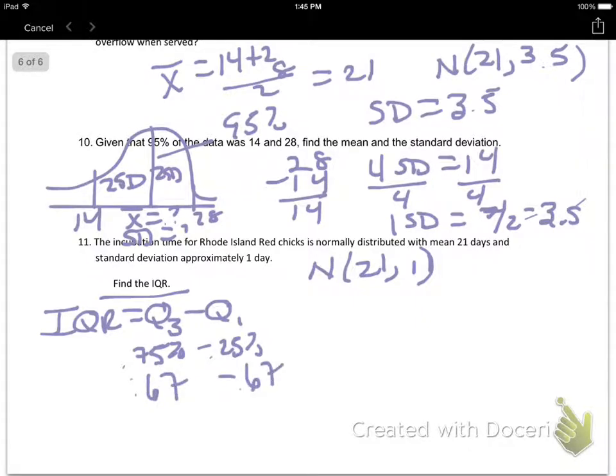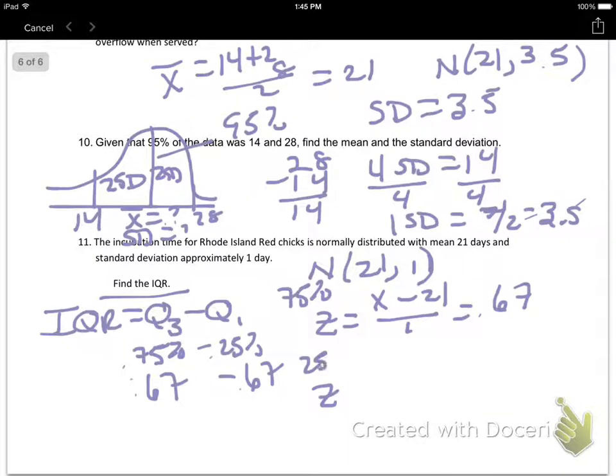Okay. So my z for 75% is going to be x minus 21 over 1 is equal to 0.67. And my z for 25% is going to be y minus 21 over 1 is negative 0.67.